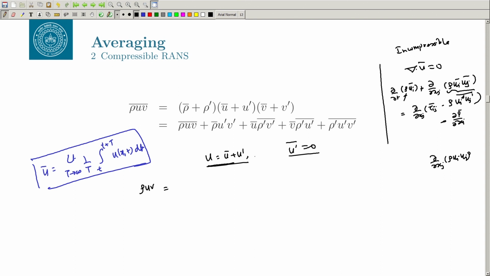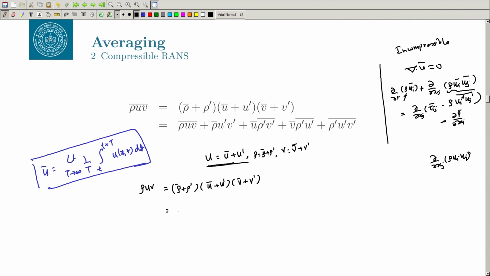Now you will have rho equal to rho bar plus rho prime, and v equal to v bar plus v prime. Use all these three.